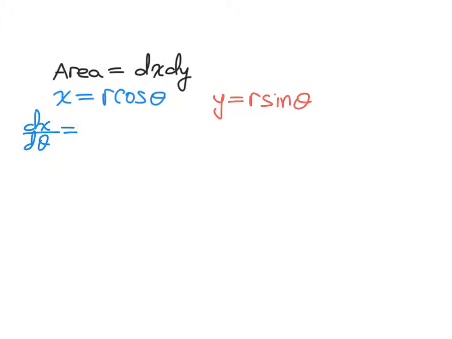So first function r times the derivative of the second, which would become negative sine theta, plus the second function cosine theta times the derivative of the first, which would be dr d theta.